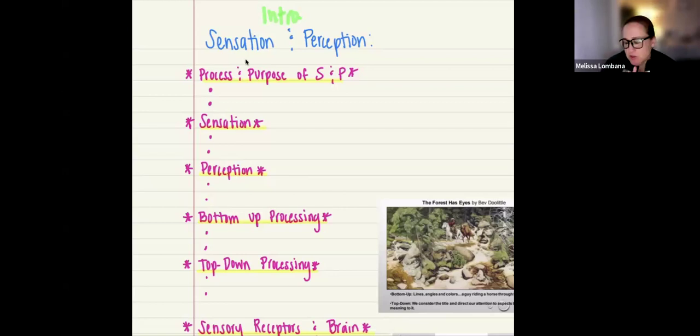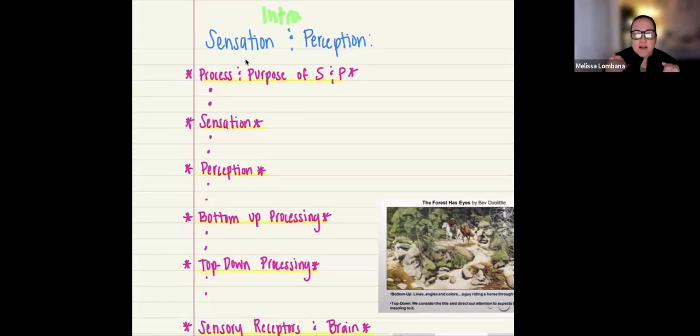And so the first bullet is that sensation and perception is basically a process in which we detect and understand various stimuli from our environment. Next, our senses are what allow us to get information from our environment, and then that information is sent to our brain.